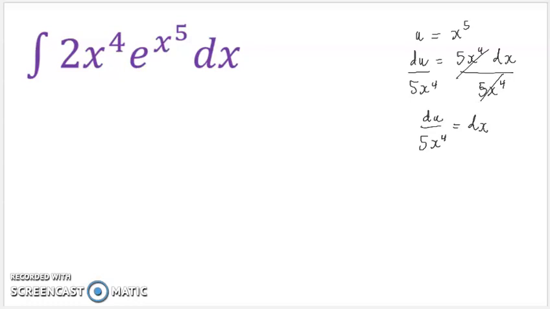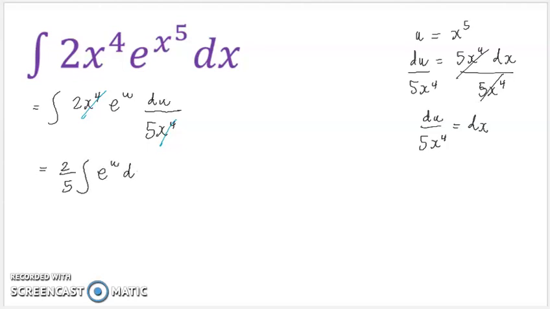So now we rewrite our problem, replacing x raised to 5 with u and replacing dx with du over 5x raised to 4. As we can see, we can cancel x raised to 4, and then the constant 2/5 can be moved in front of the integration symbol, and we will have the integral e raised to u du.